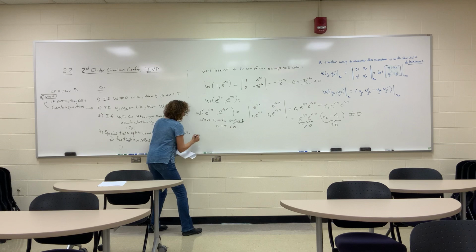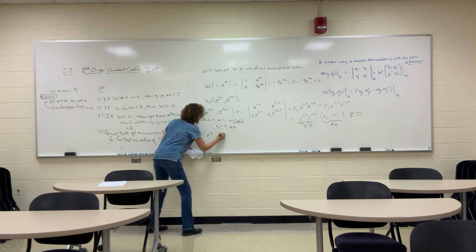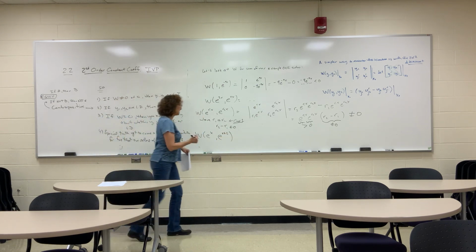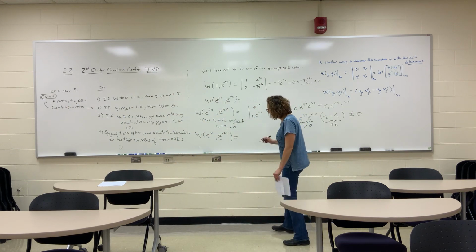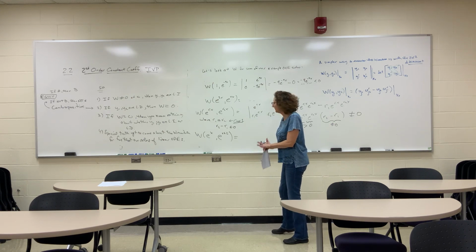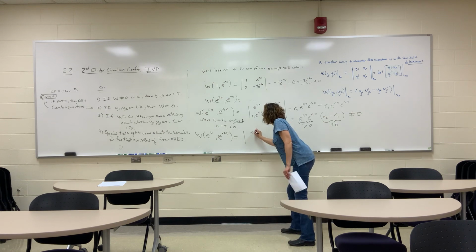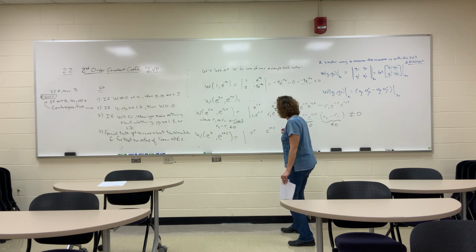Let's look at one more. Here were two functions that we looked at before. We looked at determining whether or not these were linearly independent. If we always jump to the Wronskian to determine linear independence, what would we compute here?